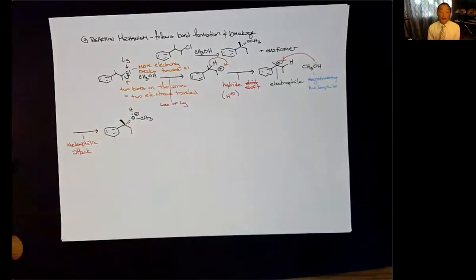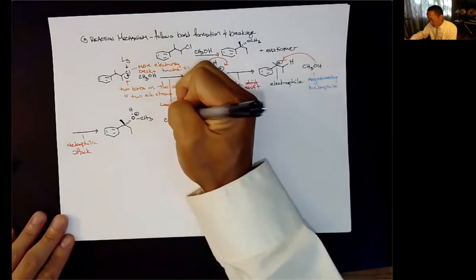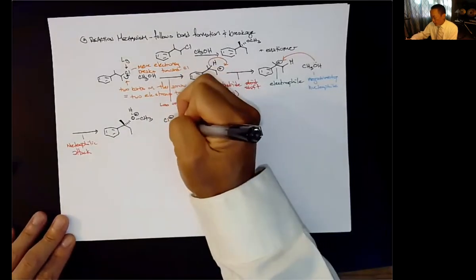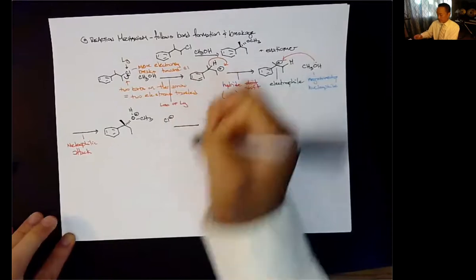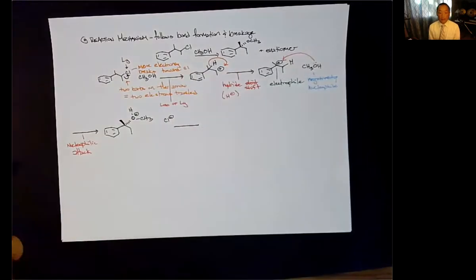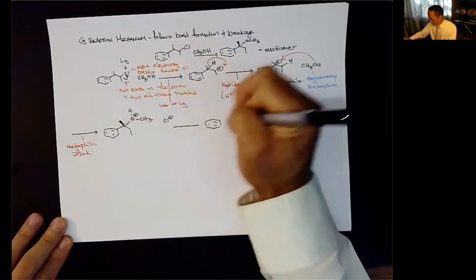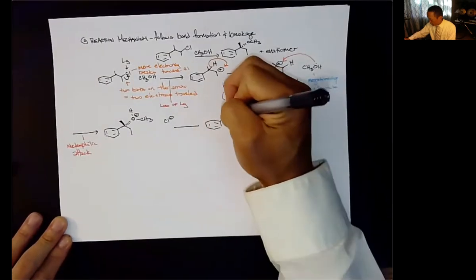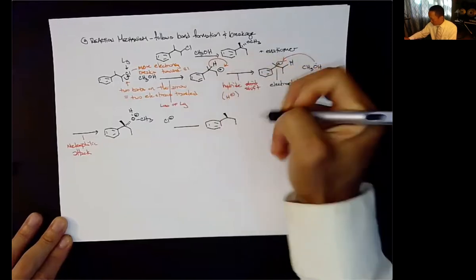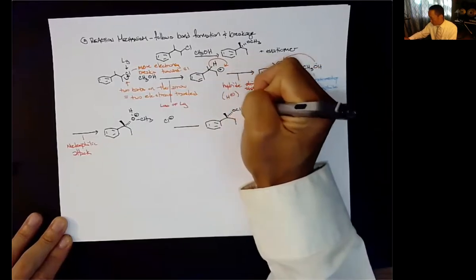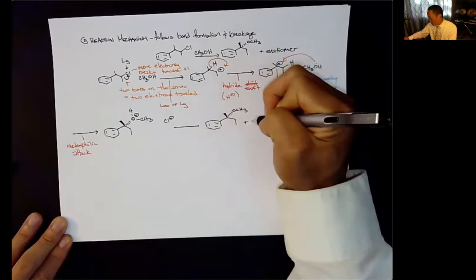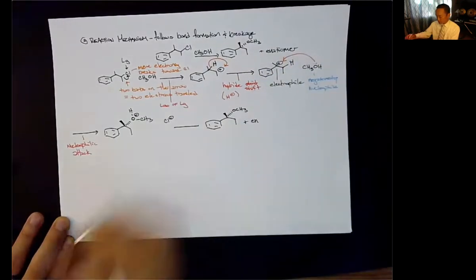We have to remove that last proton to get to the final product. The species that we have left is a chloride anion. And so the final product that we will derive is this chiral ether plus its enantiomer.